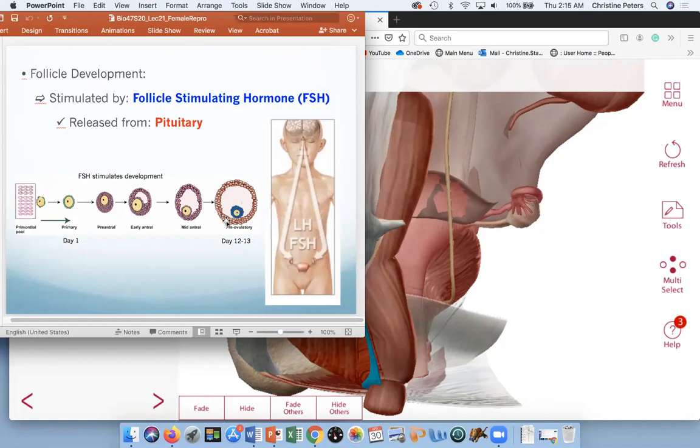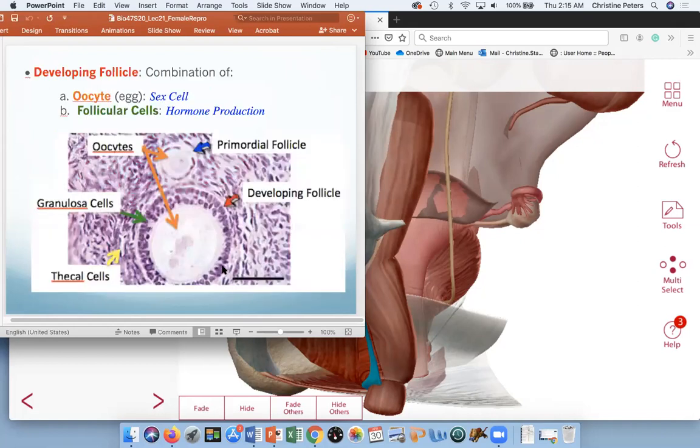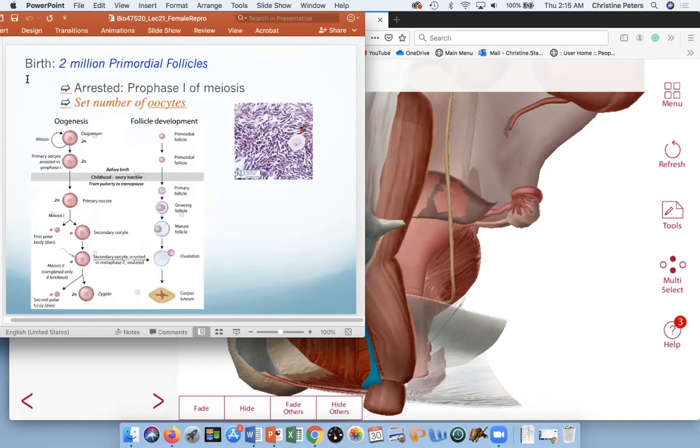In fact, we're going to call this mature follicle, or Graafian follicle, a functional cyst, because it's going to be filled with fluid, and that fluid will eventually create so much internal pressure it'll cause a rupture of that functional cyst.